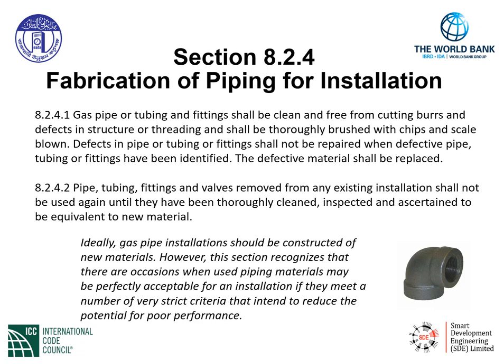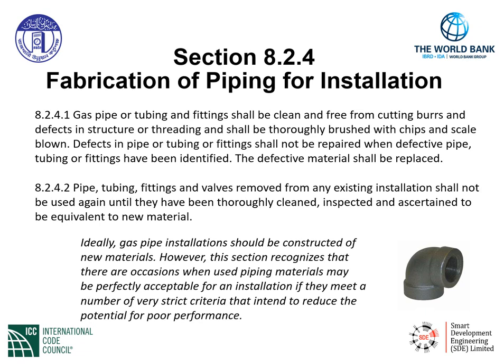Section 8.2.4.2, when we have pipe, tubing, fittings, and valves removed from any system, this is an existing system, they shall not be used again until they've been thoroughly cleaned, inspected, and ascertained to be equivalent to new material. So ideally, gas piping installations should be constructed of new materials.